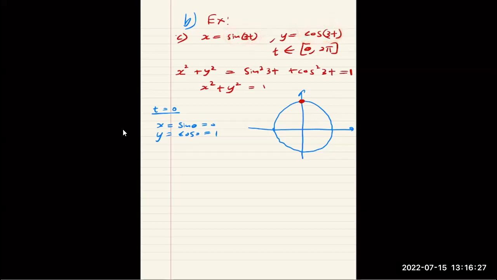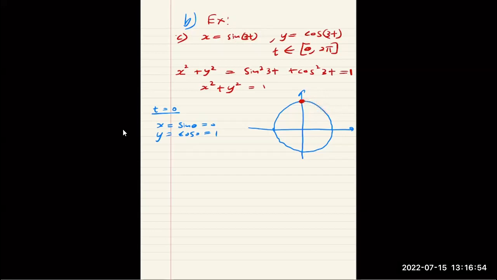If both of the coordinates are positive when t is a very small positive number, then it has to turn this way. There is no way that it is going this way. If it goes this way, your x value is negative. There is no way that your x value is negative for small positive t values. For a small positive value, sine is positive. So that tells you that our curve is going this way.